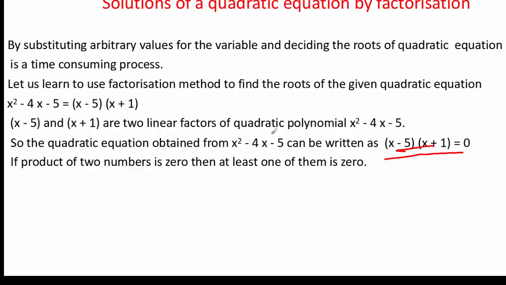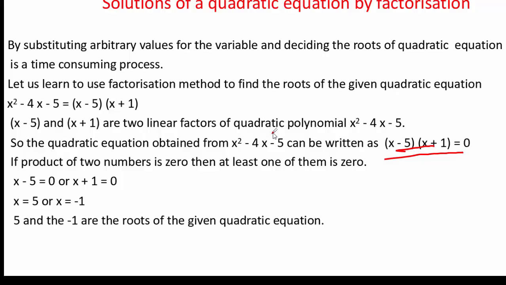Therefore, we can write x minus 5 equal to 0 or x plus 1 equal to 0. Now, from x minus 5 equal to 0, if I transfer minus 5 to the right hand side, it becomes plus 5. I will get x equal to 5. And from x plus 1 equal to 0, if I transfer 1 to the right hand side, x equals minus 1. And thus, 5 and minus 1 are the roots of the given quadratic equation.